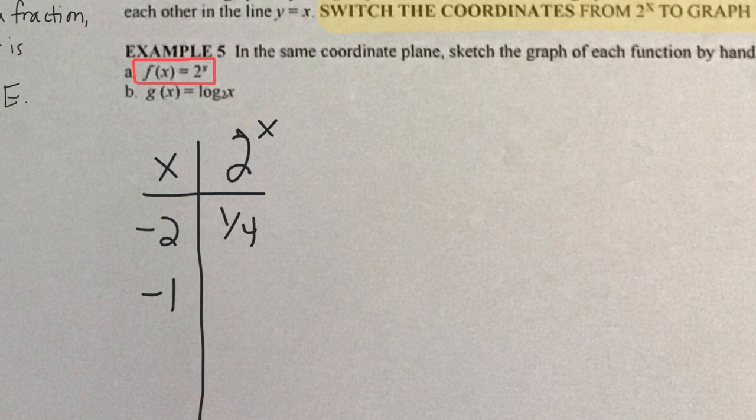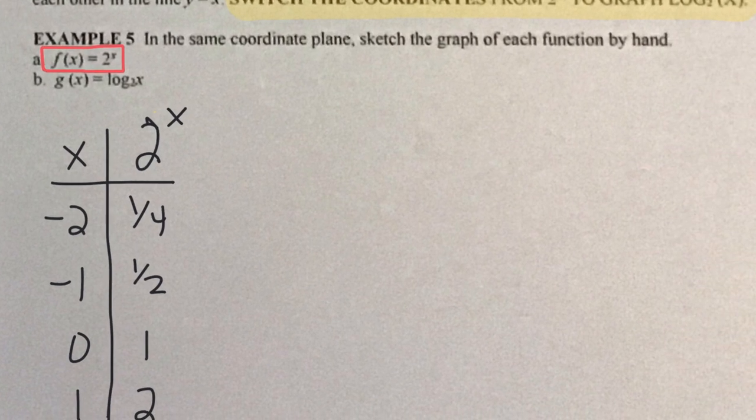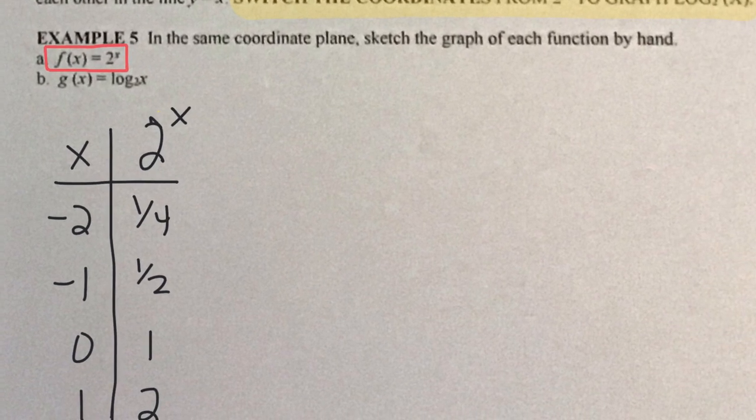We have negative 1 for x, 2 to the negative 1 is positive 1/2. What if x is 0? Then we have 2 to the 0, which is 1. What if x is 1? That's 2 to the first power, which is 2. And if x is 2, y is 4. So these are your coordinates that we graph from y equals 2 to the x.